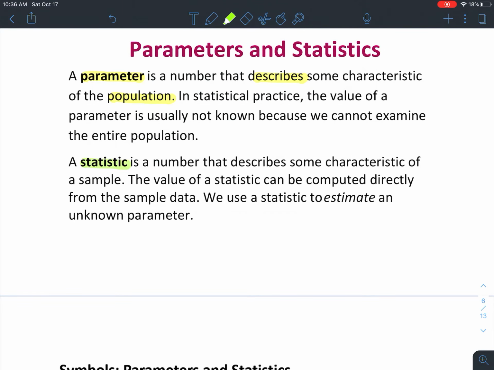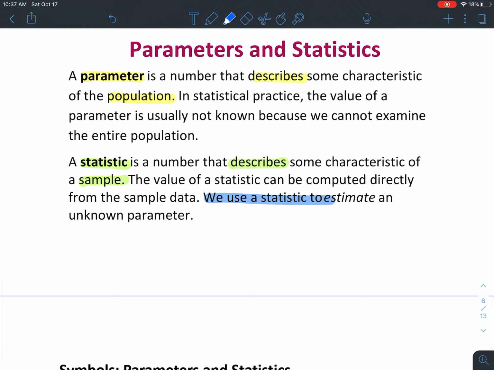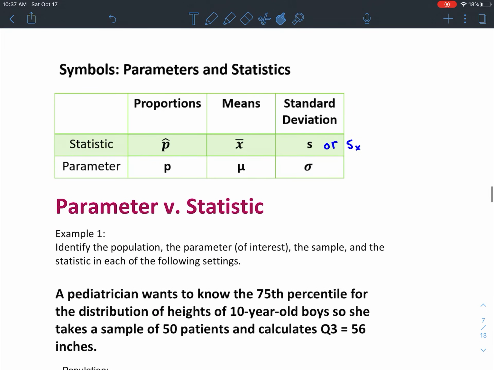So what generally happens in statistics is that it is a statistic that we are analyzing, because that is a value or a number that simply describes a sample. Again, we compute the value of that statistic directly from the sample that we have drawn. And this is important: we're using the statistic as an estimate to help us with an unknown parameter, something that we don't know about the population, but the statistic will help us figure out something more about that.